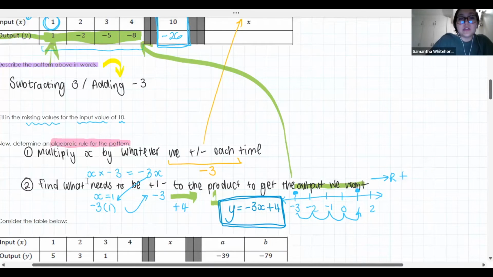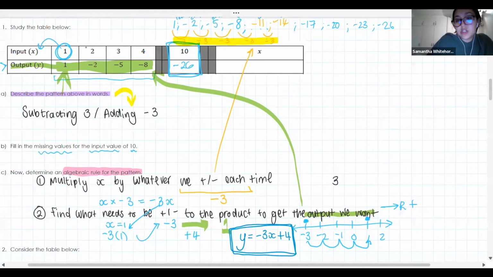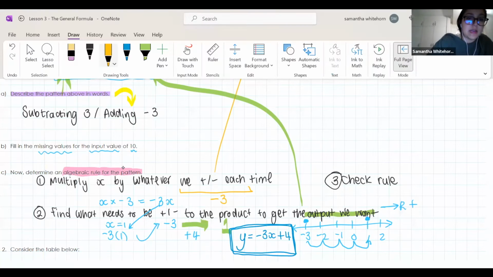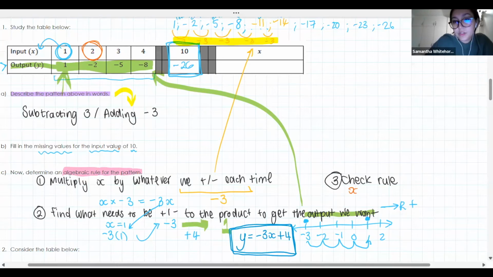What I always want to do though is check my rule. So my last step is to check the rule and make sure that it does actually work for all of my values. So when I check my rule, this is now where I go to my next input. So let's take the input now of 2. If I've got x equals 2, I need to put that into my rule.